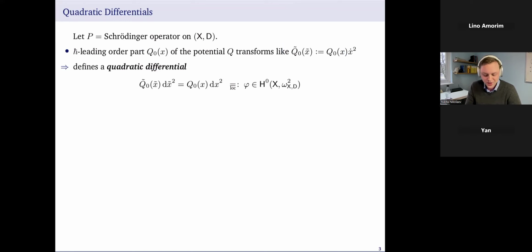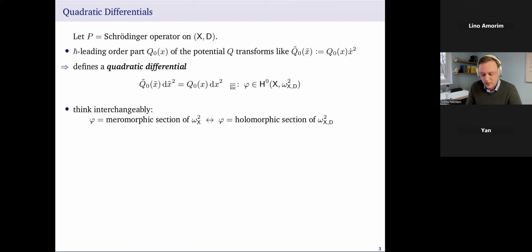What that means is that the leading order part of the potential is transforming like a quadratic differential. By definition, these are just local expressions for a global holomorphic section of the second tensor power of the canonical bundle of the marked curve.